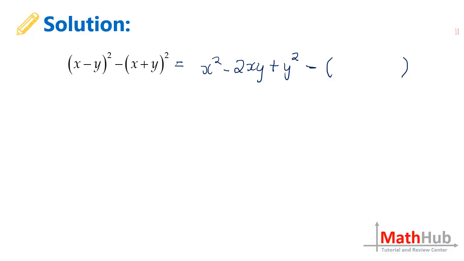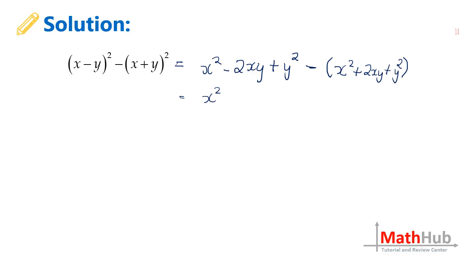So you need the parenthesis here. The square of x plus y is x squared plus 2xy plus y squared.